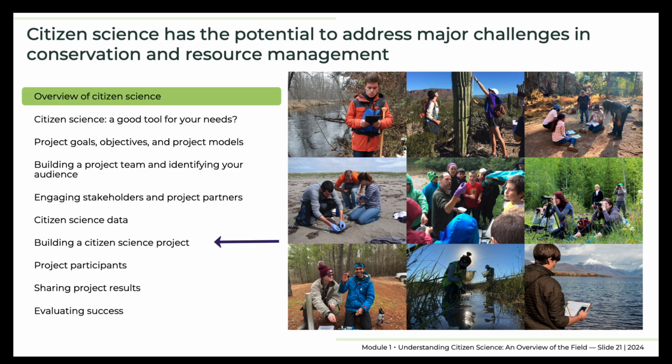Module 7 describes how to get started in citizen science by adopting or adapting existing projects and/or using a citizen science project development platform. Module 8 explains how to recruit, train, and engage project participants. Module 9 discusses sharing project results with participants and the wider world. And Module 10 is about evaluating a project to determine its success.